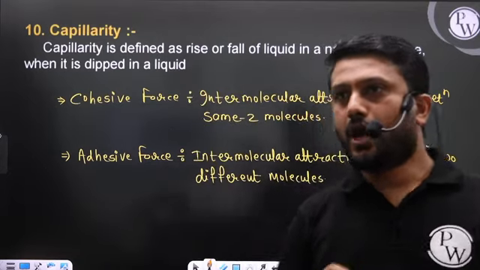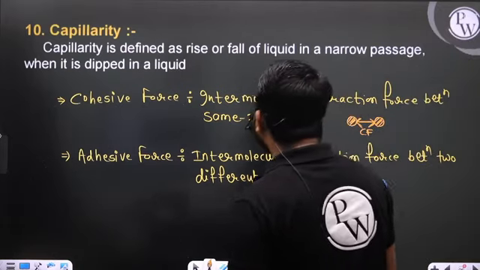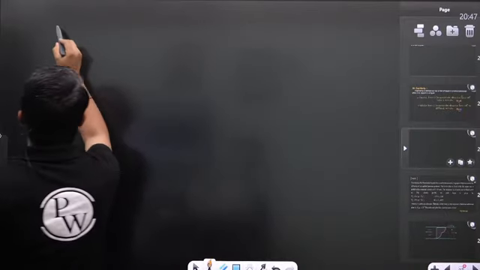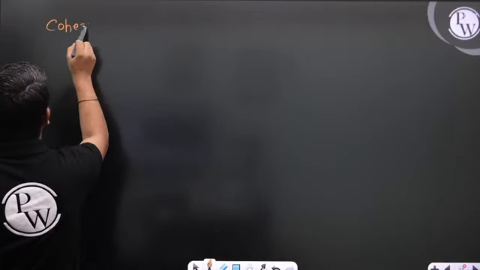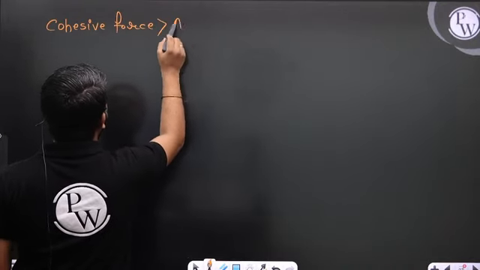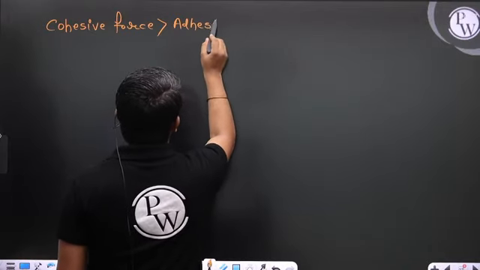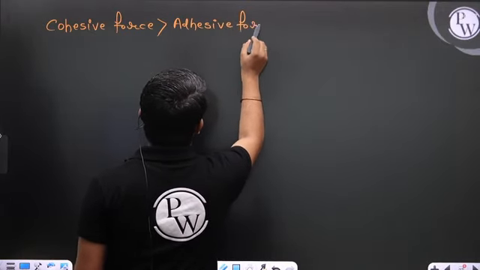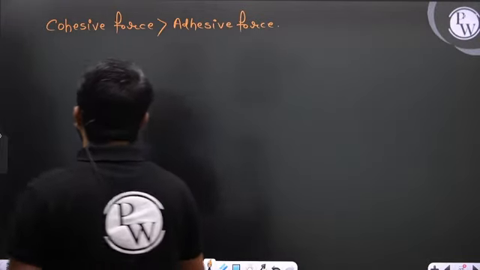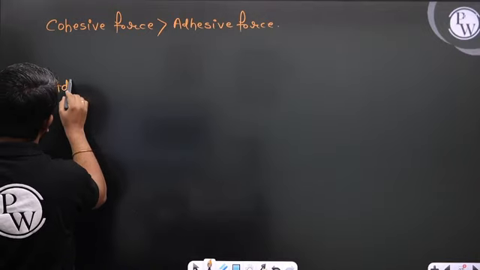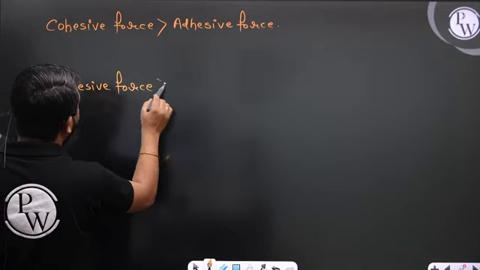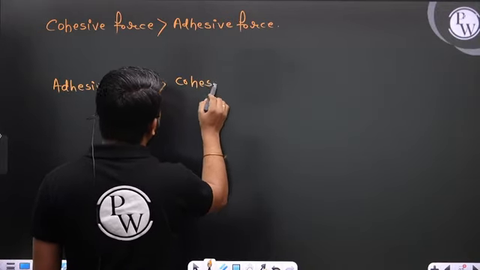Now, if cohesive force is greater than adhesive force, there are two possibilities, beta.